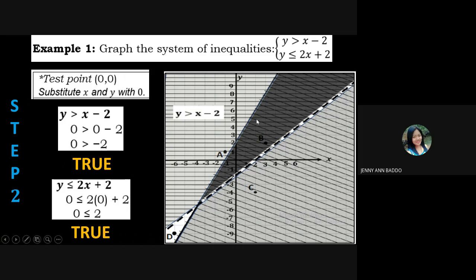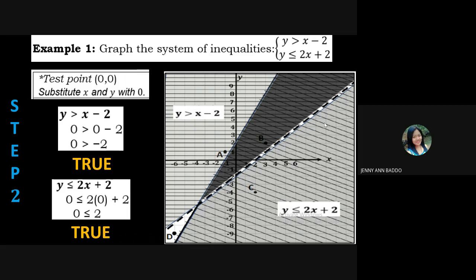Therefore, again, considering the second boundary line and the testing point (0, 0), we have to shade the region where that (0, 0) is found. So that is the right side of the boundary line. So the shaded region is here. That means y is less than or equal to 2x plus 2 is found on this region.